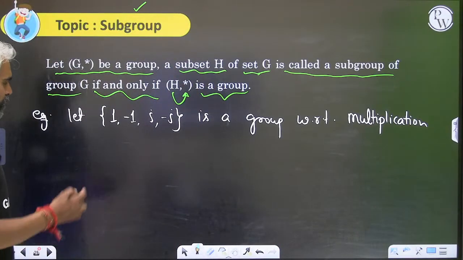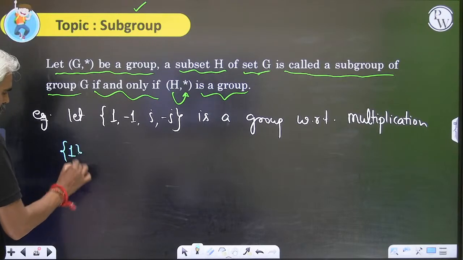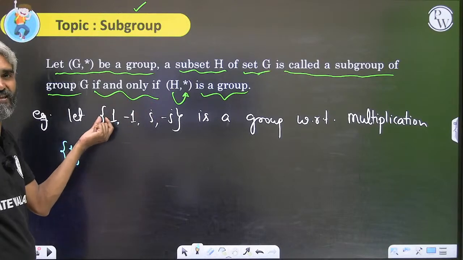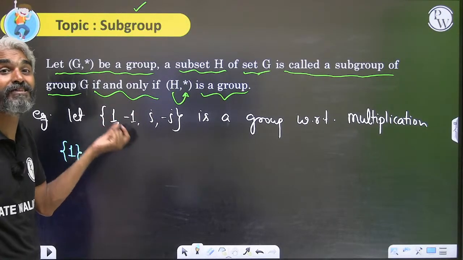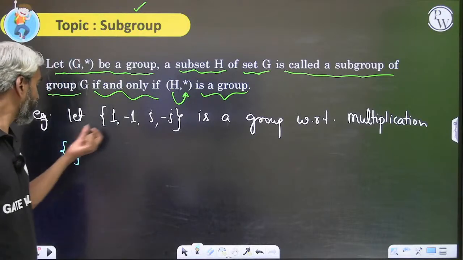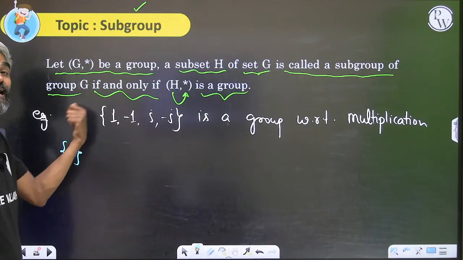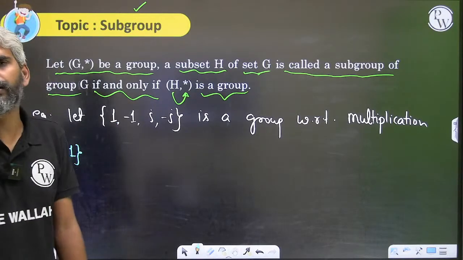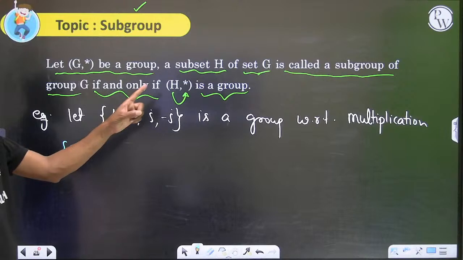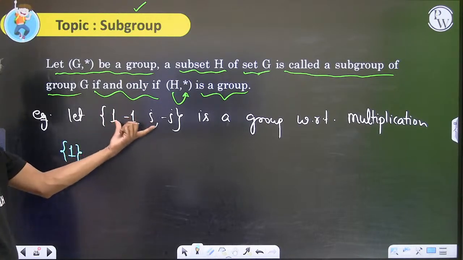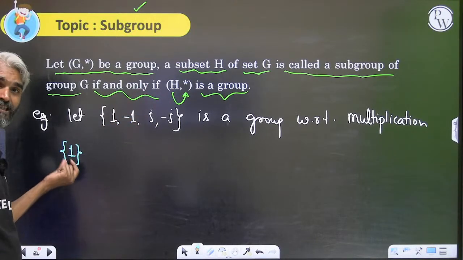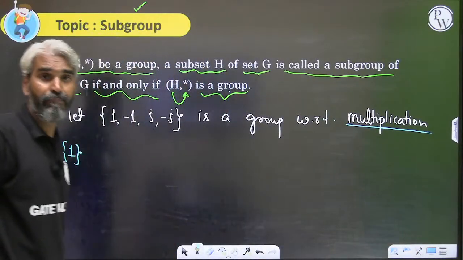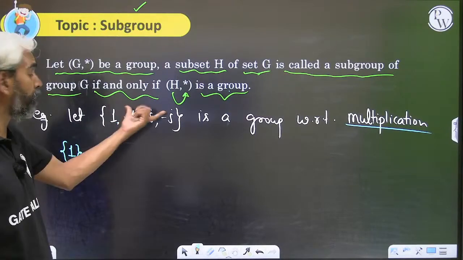Now the idea is that if I take the subset that contains only the identity element, in this set, if it is a group, we know that identity element is guaranteed to be present. So if I take a subset in which only the identity element with respect to the binary operation is included, then it will always form a group with respect to that binary operation, and this will eventually become a subgroup of this group, because if a subset satisfies the property of a group with respect to the same binary operation, then that will be called a subgroup of the original group.